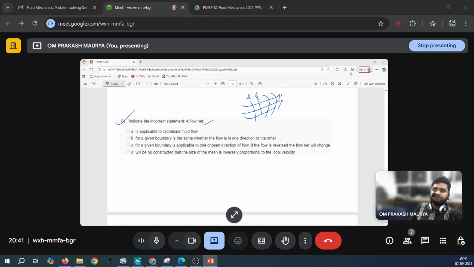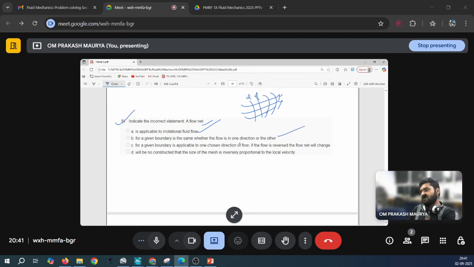Very easy question. So, is it applicable to irrotational fluid? Yes. For a given boundary, is it the same whether the flow is one directional or other?